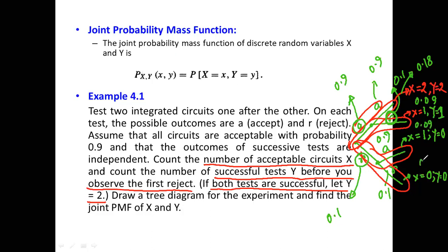The fourth one is 0.01. So what is the idea behind this? We have found different combinations of X and Y, and for every combination of X and Y we are finding a probability. If I make it in tabular form, that will give the joint PMF of X and Y.